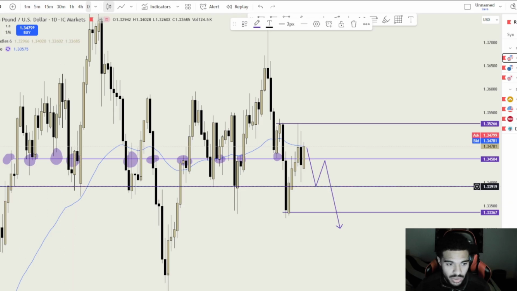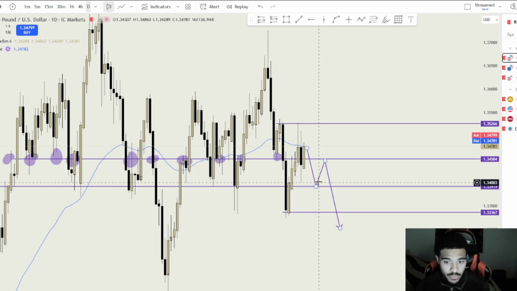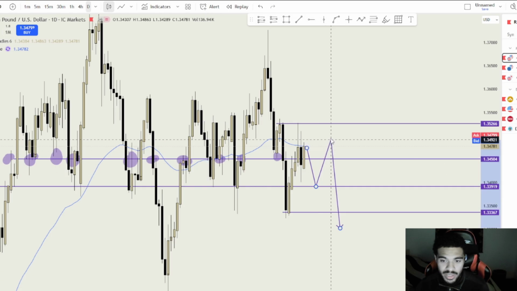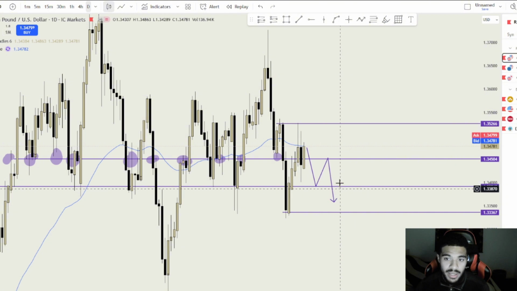So this is clearly another zone. Price could come down, reject off of this zone, come back up and say, whatever your analysis is, it's bullshit, the market doesn't care about it, and continue to go up. But if it doesn't, it could reject off of this zone and then continue to go down. We could even get a push down, clean rejection, come back up again, and then continue to go down.